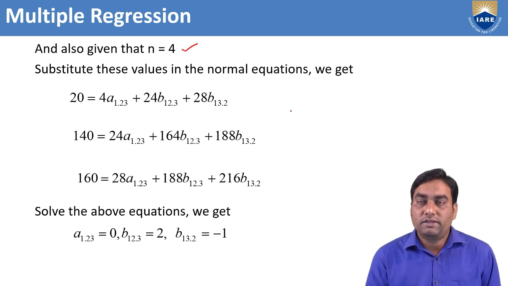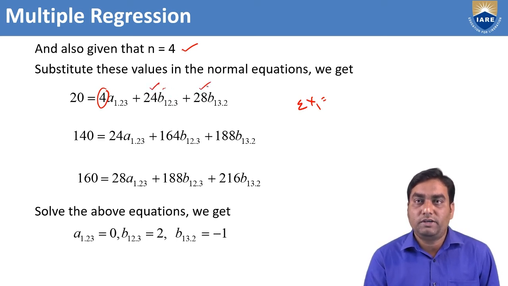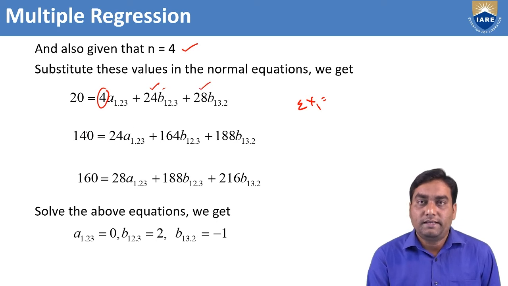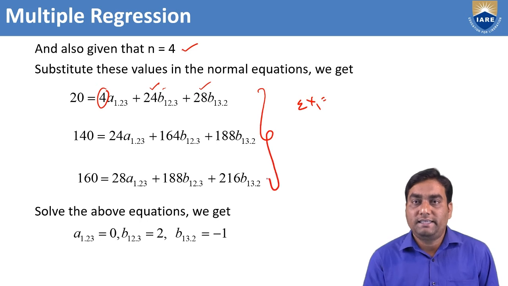What are the normal equations? Sigma x1 equals a 1.23 into n equal to 4, plus b 12.3 into sigma x2 24, plus b 13.2 into sigma x3 28. Similarly, in the second and third normal equations, we substitute.